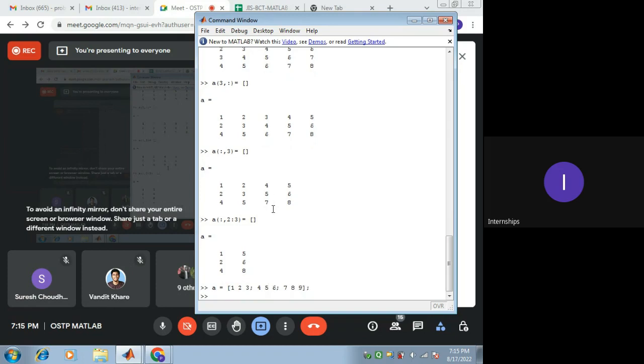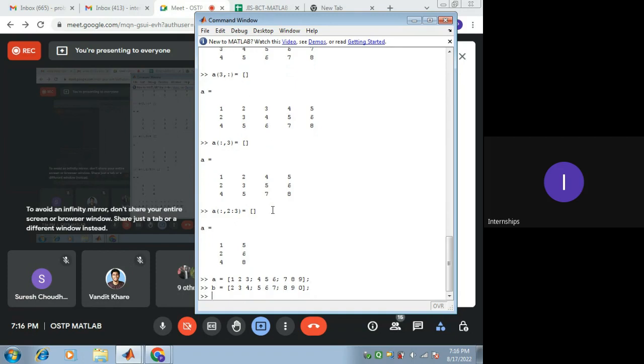Now say B is equal to 1, 2, 3; 4, 5, 6; 7, 8, 9, 0. So this is the B matrix.